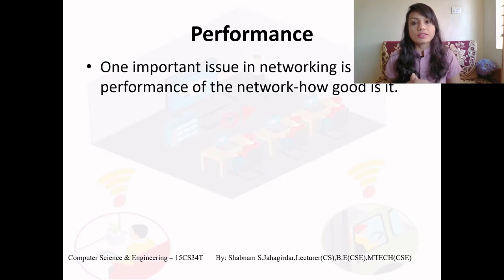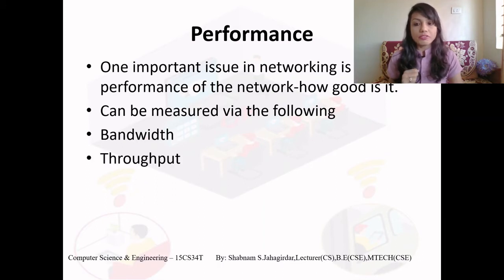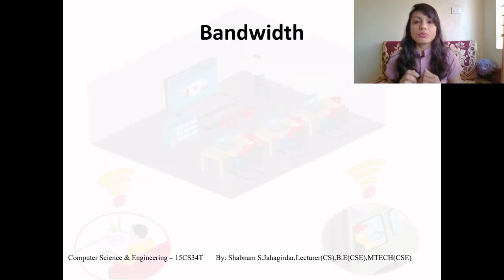So performance is an important issue in a network. That is, it tells you how good a network's performance is, and it can be measured by the following parameters: bandwidth, throughput, latency, and last is jitter. So let's see what this bandwidth is. Just as your vehicle has some mileage, in the same way we have bandwidth for a network.